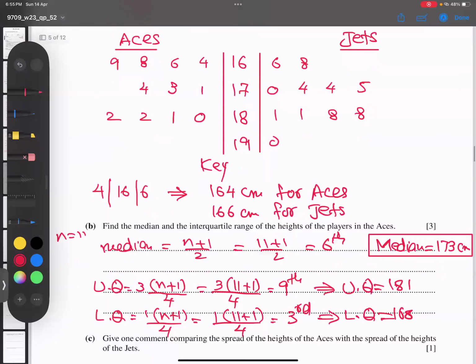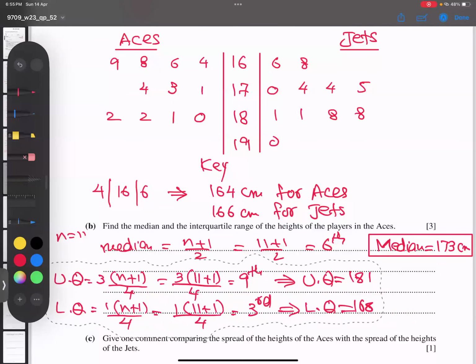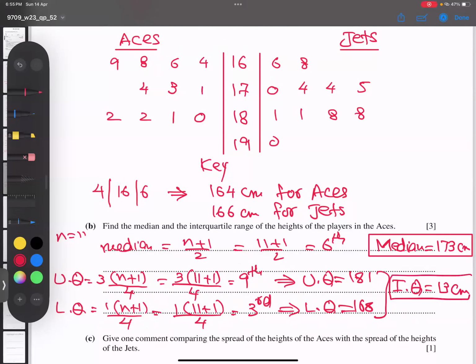And students, how to get the interquartile range? You know it very well. If we subtract these two values, we get the interquartile range. So upper minus lower, 181 minus 168, we get 13. So 13 centimeters is our final answer.